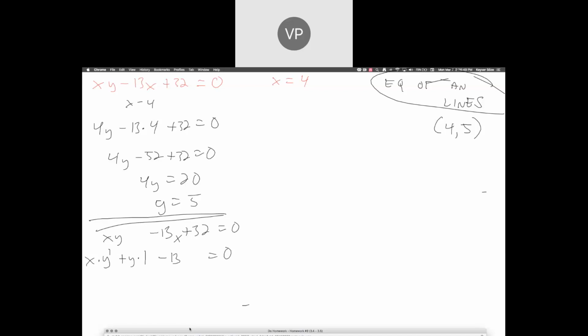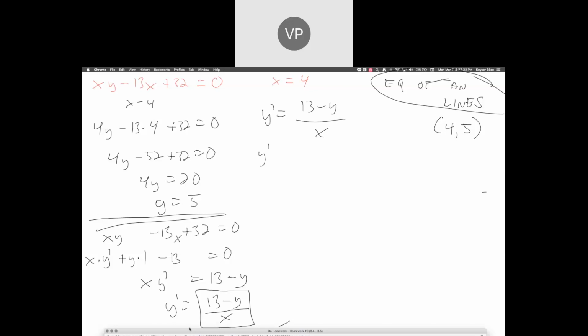So now I want to get the y prime term on one side, the number on the other. If there's more than one, we have to factor it out, but there's only one term that has a y prime, so I just divide by x, and I get 13 minus y over x. And remember, this is the formula to get the slope of the tangent line. So y prime equals 13 minus y all over x.